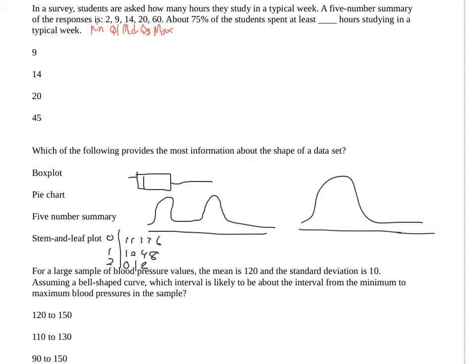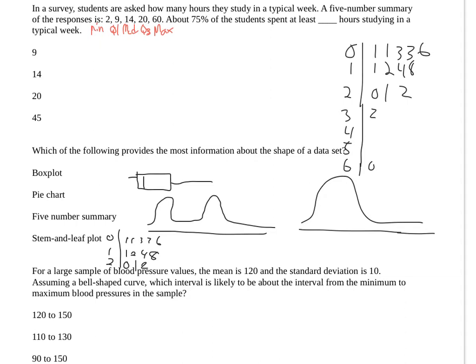Let's say we have the same exact stem and leaf plot, 0, 1, 2, 1, 1, 3, 3, 6, 1, 2, 4, 8, 0, 1, 2. And then for the 30s, the 40s, the 50s, and the 60s. So maybe you have someone who studies 32 hours, someone who studies 34 hours, one person studies 40 hours, nobody studies 50 hours, and somebody studies 60 hours.